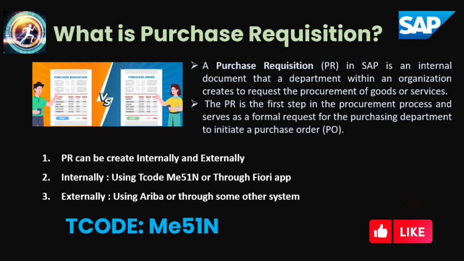They do all those checks and they finally approve that request. Once the request is approved, once the PR is completed, then a second request will be initiated to that particular supplier, which we call the purchase order. So purchase requisition is the first step. Following that, we create a purchase order to the vendor or the supplier.